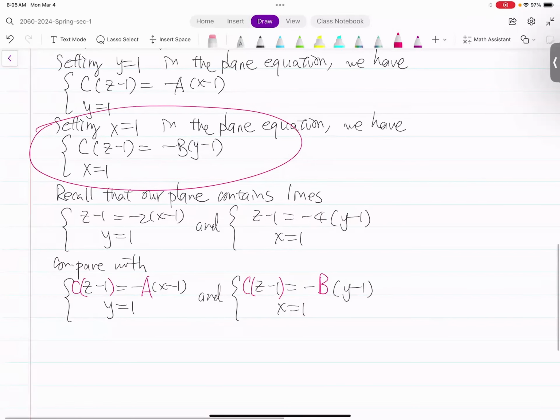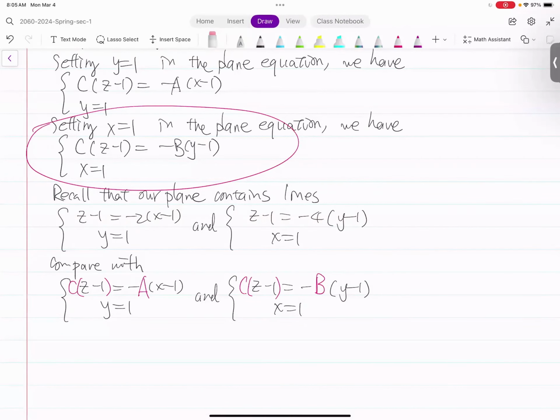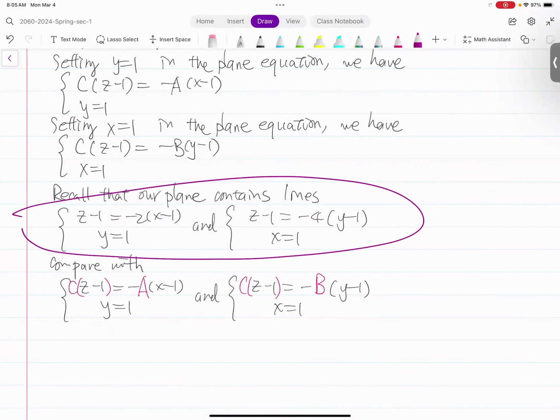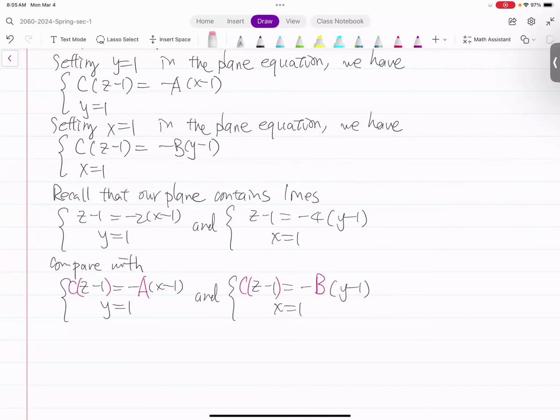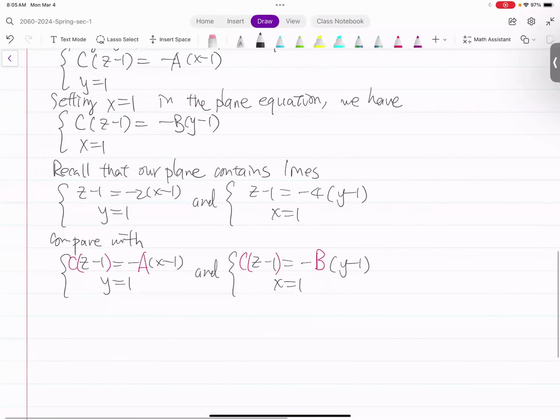Just matching with the existing values in this known information already, right? We have c equals 1, a equals 2, b equals 4. Okay? So basically, this type of values would work, right? So if you choose c to be 1, a to be 2, and b to be 4, that will be the plane that contains these two tangent lines.